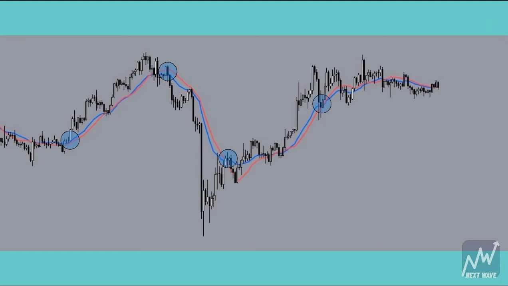Here we can see the compass line is crossing under the momentum line, but then price just consolidates. And here the compass line is crossing above the momentum line, but again, price is consolidating. So this just shows you don't want to use this as the only confirmation for you to get into a trade.